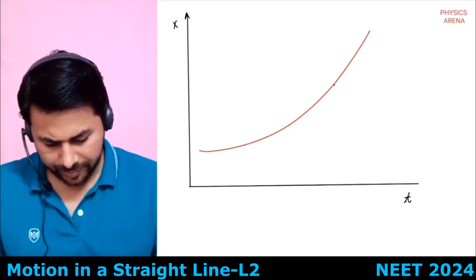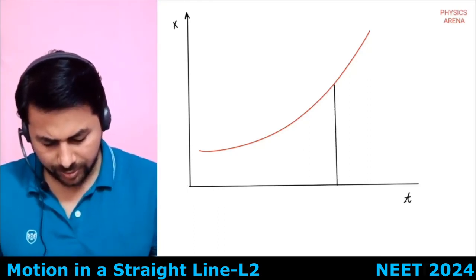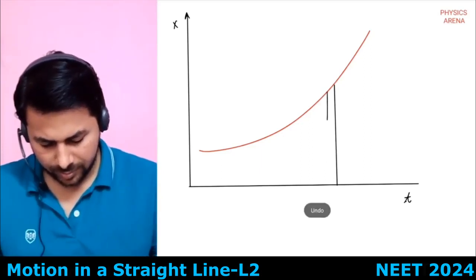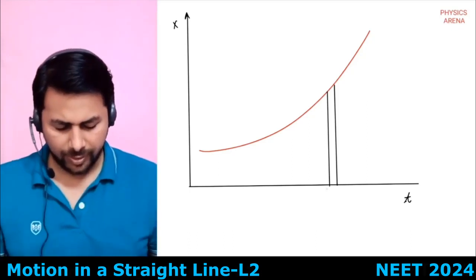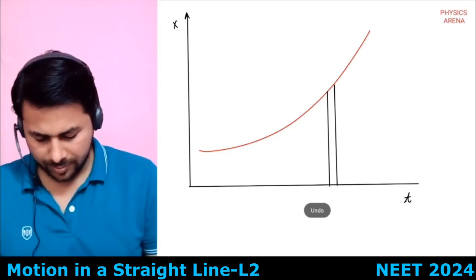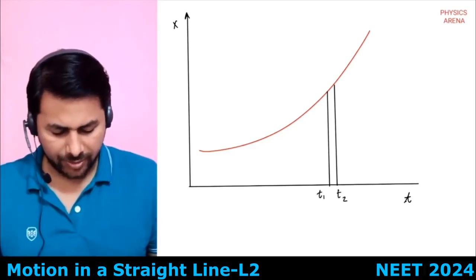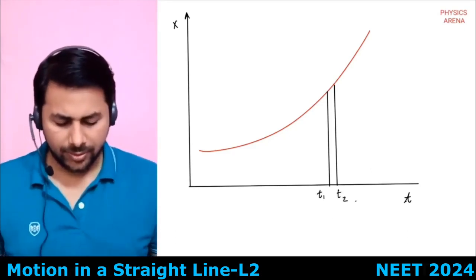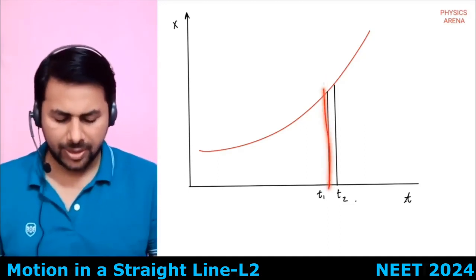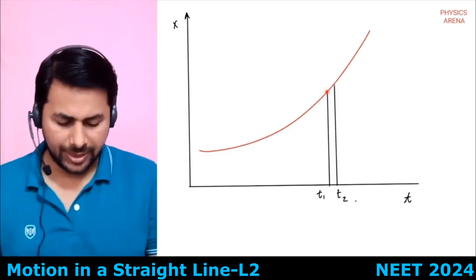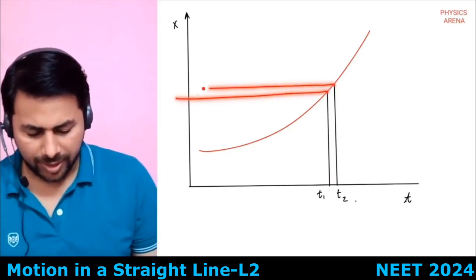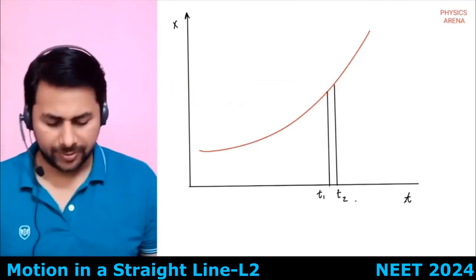I take this point, suppose this is t2 and this is t1. Now I draw perpendicular lines from t1 and t2. They meet at these 2 points on the graph. So if I draw perpendicular lines from there on the x-axis, I will get x2 and x1.